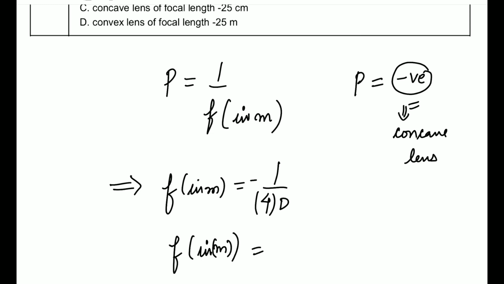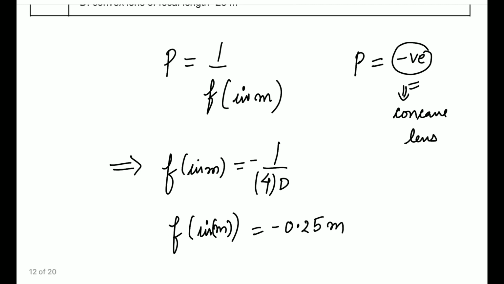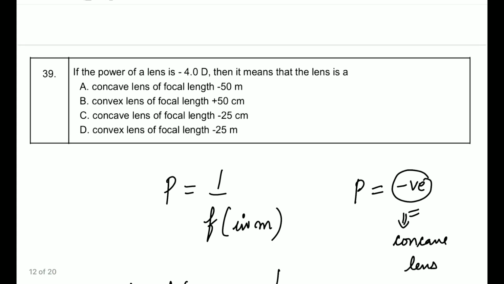This is -1 upon 4, which is -0.25 meter, or -25 centimeter. So yes, it's a concave lens with focal length -25 centimeters. So option C is the correct answer for 39.